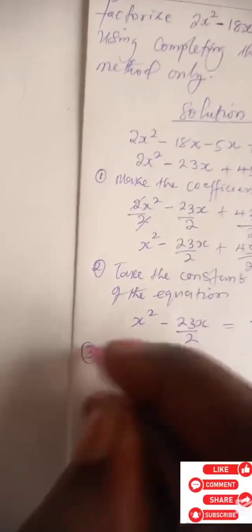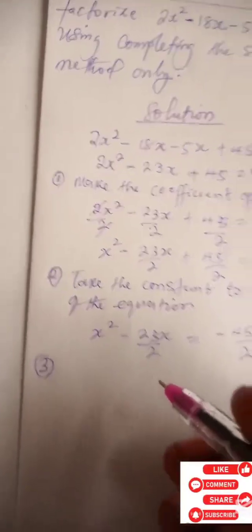Now, in completing the square method, the third step to take is to complete the square.